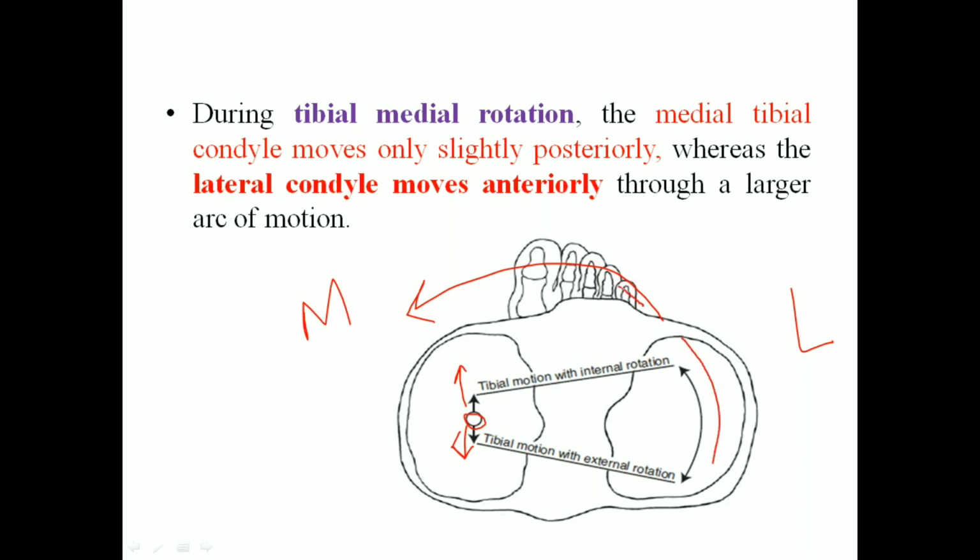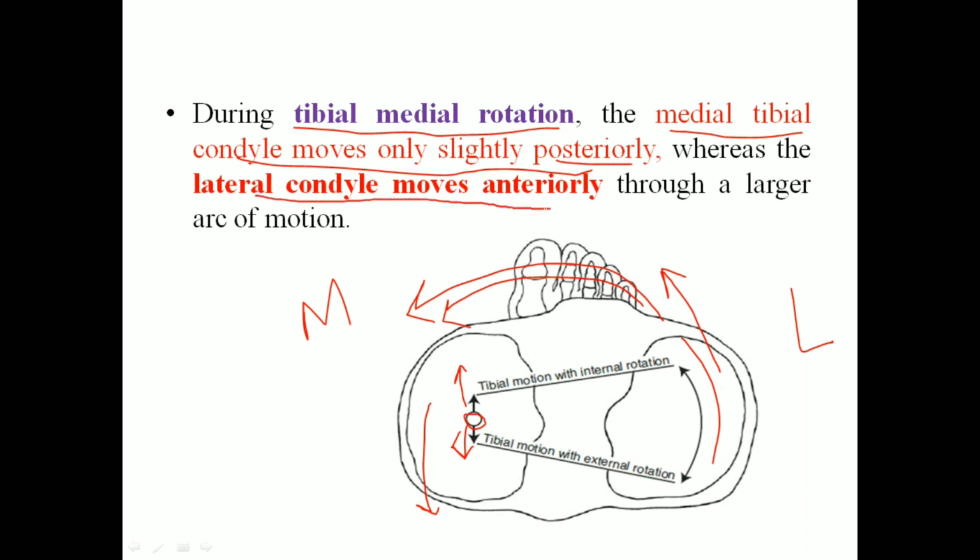As we are doing the medial rotation, the medial condyle will go in posterior direction but very slightly, and the lateral condyle of tibia will come in anterior direction but by a greater amount. So it is written: during tibial medial rotation, the medial tibial condyle moves slightly in posterior direction, whereas the lateral condyle moves anteriorly through a larger arc of motion.